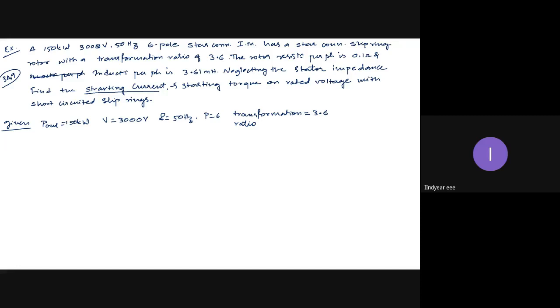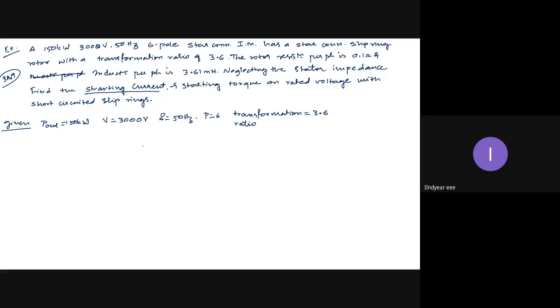Now I have a stator voltage of 3000 volts, I want to find the rotor voltage, and I have a transformation ratio. Should I take rotor voltage by stator voltage equal to 3.6? If that happens, my rotor voltage is more than the stator voltage, which is not practically the condition in the induction motor.